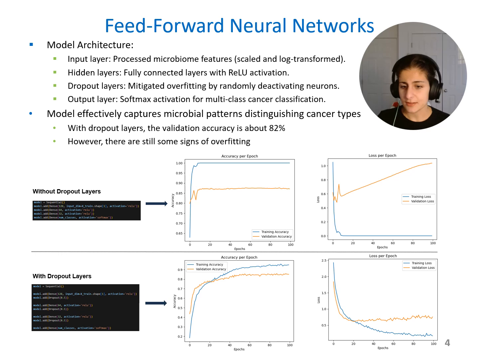But the trend between the training and validation losses is much better. The gap between them is much narrower, and even though they still trend in opposite directions after about 30 epochs, it's a significant improvement over the first network without dropout layers.